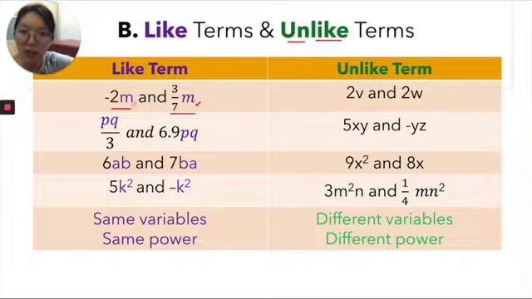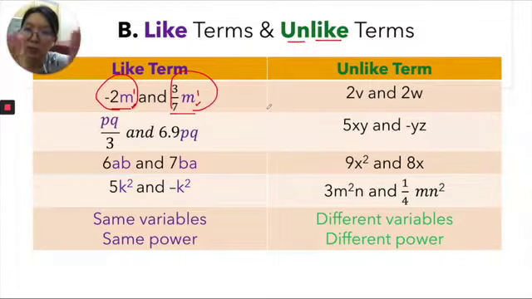Variable of m appears here, and also here. Second, m must have the same power, m to the power of 1 and m to the power of 1. So I can say that negative 2m and 7m, they are both like terms.